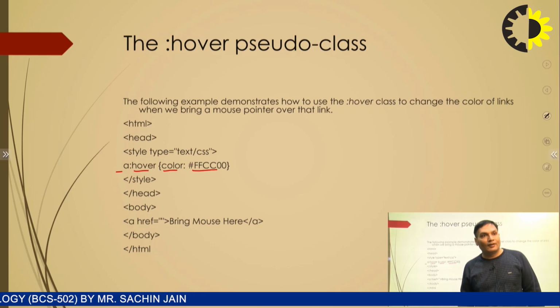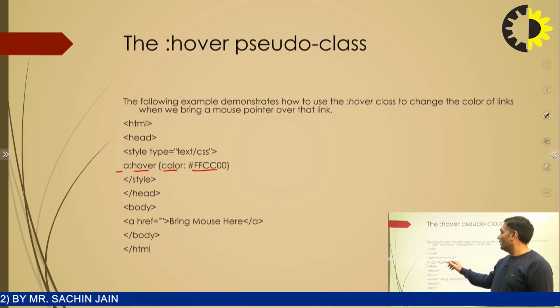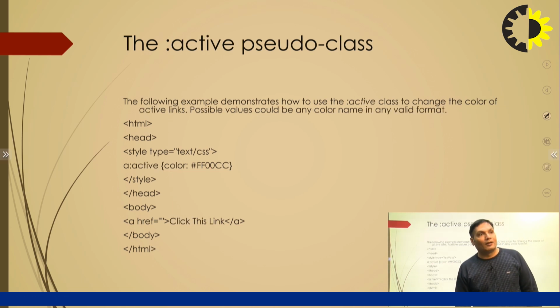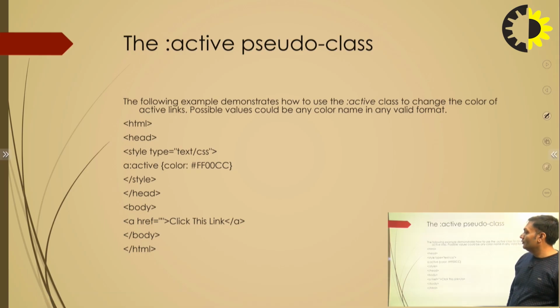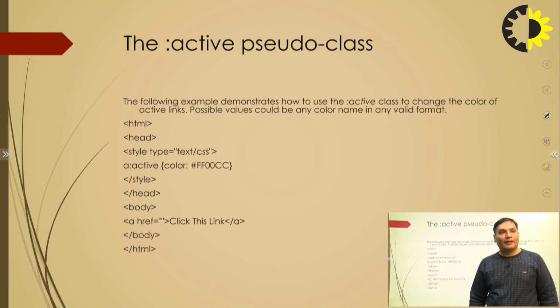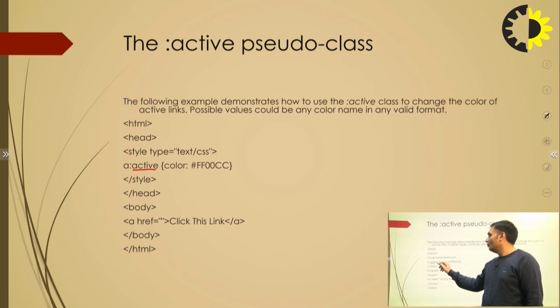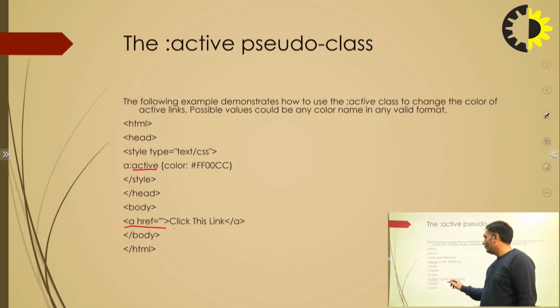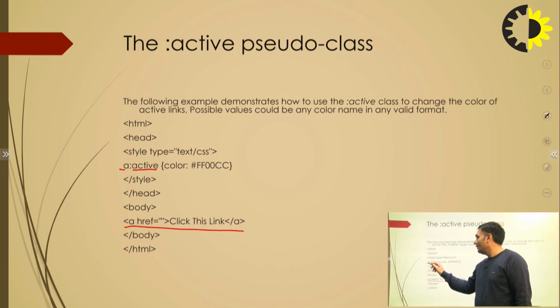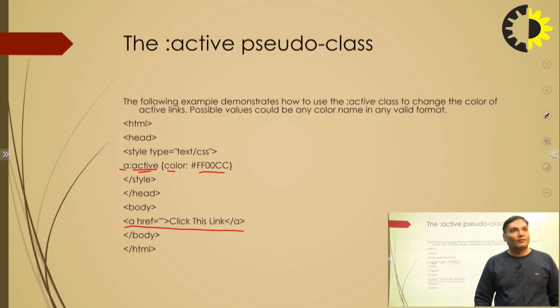So when we mouse over it, the color will change to this value. Now the active pseudo-class. If we want to change the color of an active link, we can do it with the active pseudo-class. This is the anchor tag on which we want to change the color. Then we write a:active, color, colon, and this is the possible value.